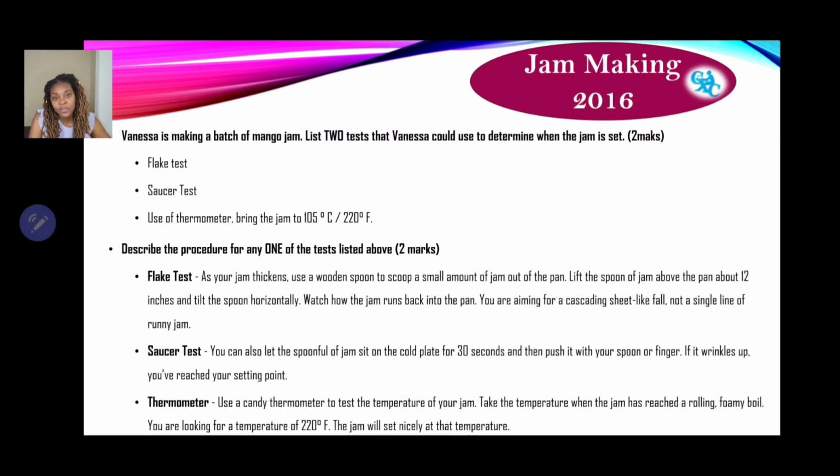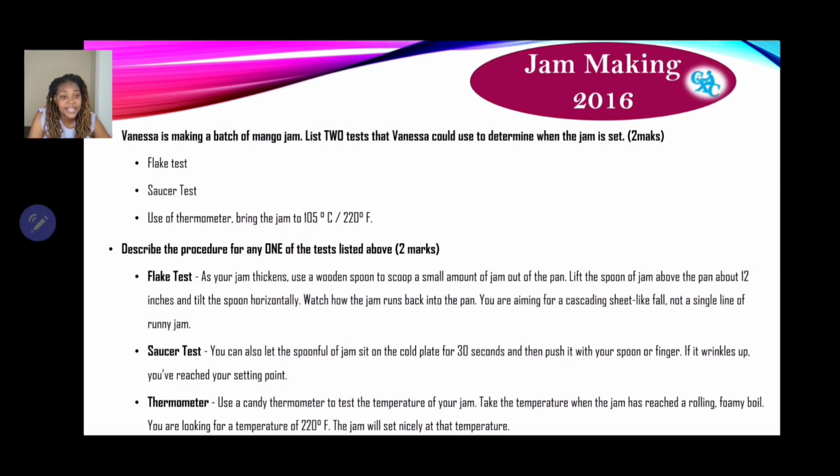As the jam thickens, a wooden spoon is used to scoop a small amount of jam out of the pan. The spoon is then lifted above the pan about 12 inches and tilted horizontally. After we have done this, we're watching to see how the jam runs back into the pan, right? What we're aiming for is a cascading sheet-like fall rather than a single line of runny jam.